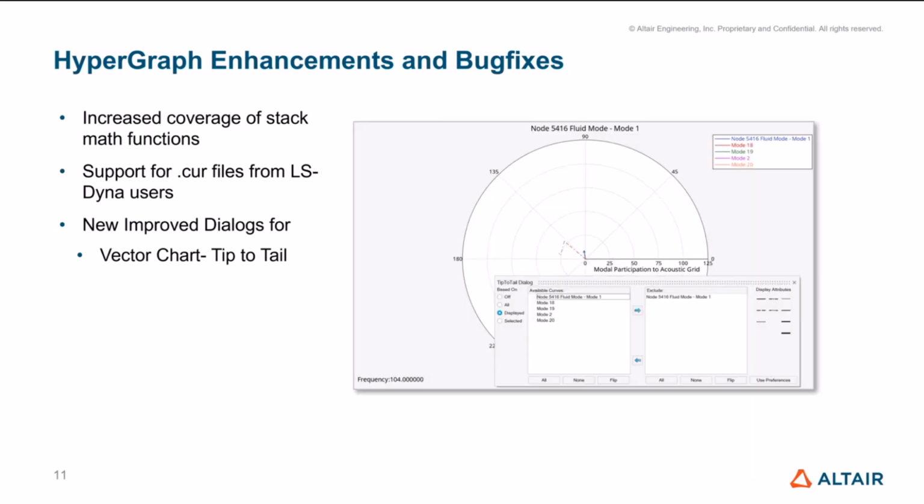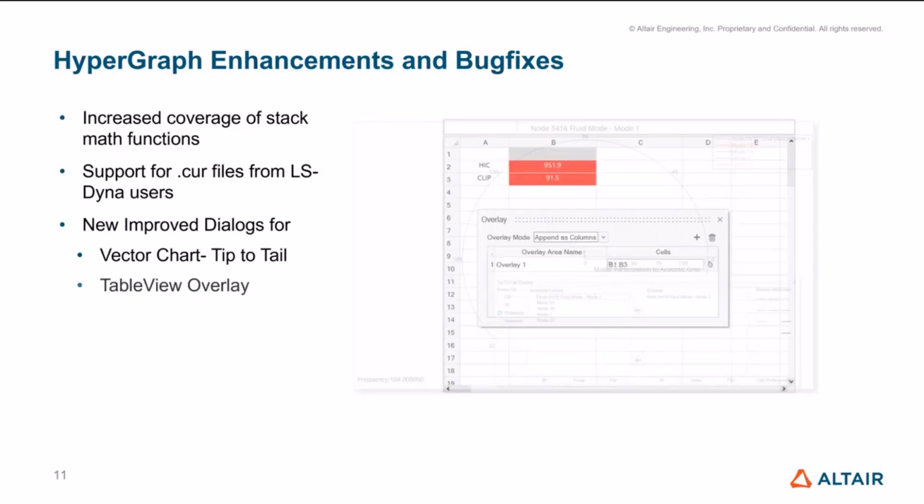None of these functionalities, vector chart or table view, have any major change in the way the functionality works. It is still absolutely the same options that you are going to see on the screen. It is just that now it will be available in the form of a pop-up, so you can even decide to take that dialog on another screen and keep working on your main window if you decide to.